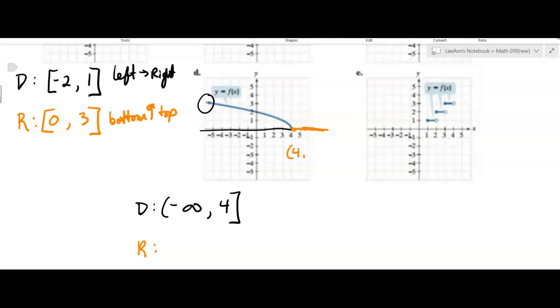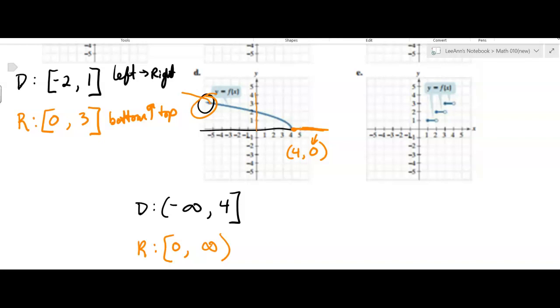That point is 4, 0. What's that y value? 0. So we're starting at 0, and we're going up. We're going along here, and it's going to go to infinity because of that arrow. It's still continuing up. It's not going up very quickly, but it's continuing forever, so it does increase. So it's going to infinity.